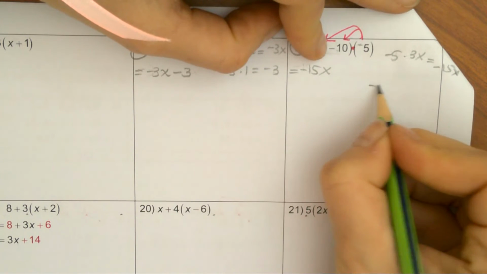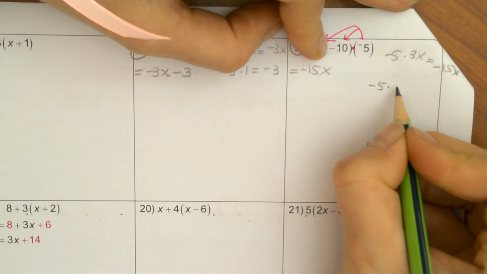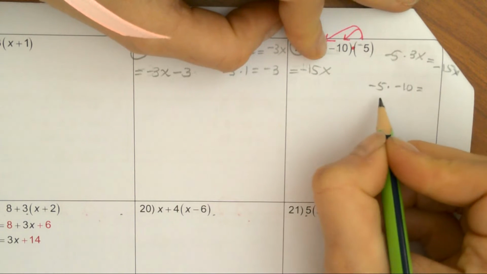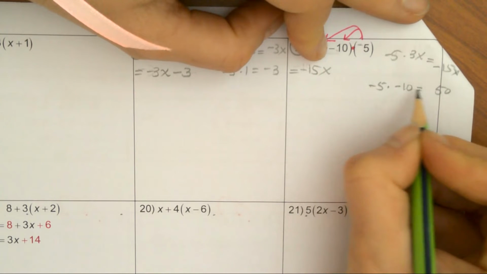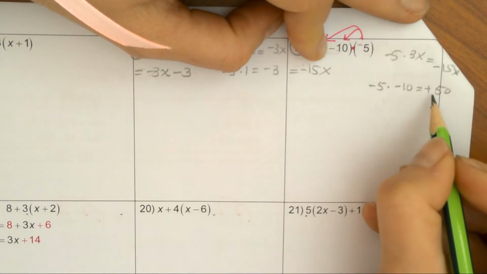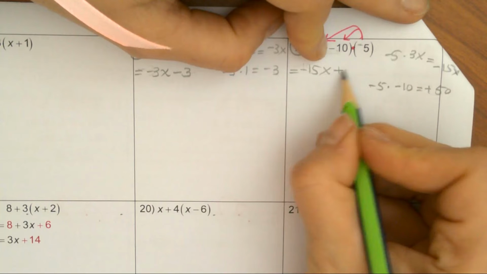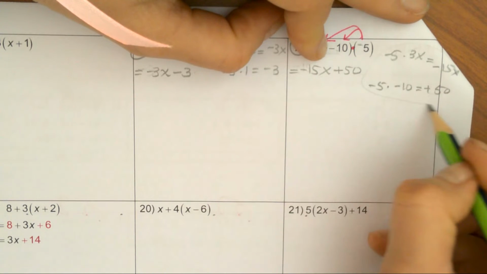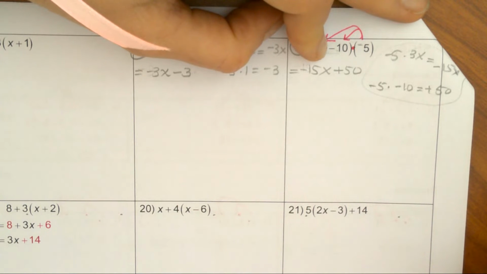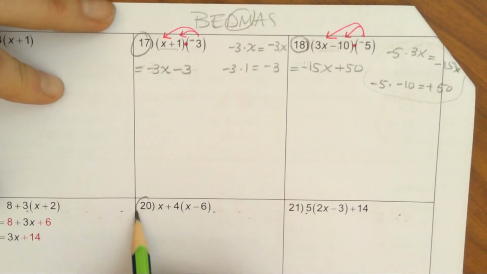So I go negative 5 times negative 10 equals 5 times 10 is 50. Negative times a negative is positive. So I have to plus 50. Okay? You don't have to write this stuff. I'm just writing it so you can see what I'm doing. Okay? Let's do question 20.